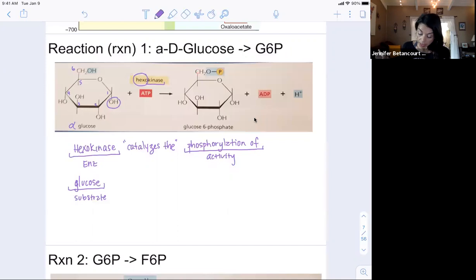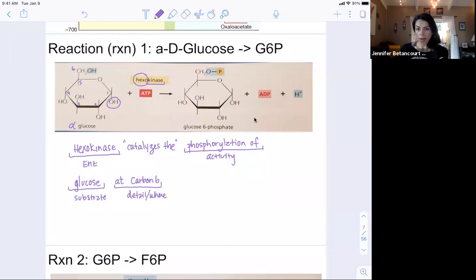So we say the phosphorylation of glucose at carbon 6, okay? So this is maybe a little more detail, with a where detail.